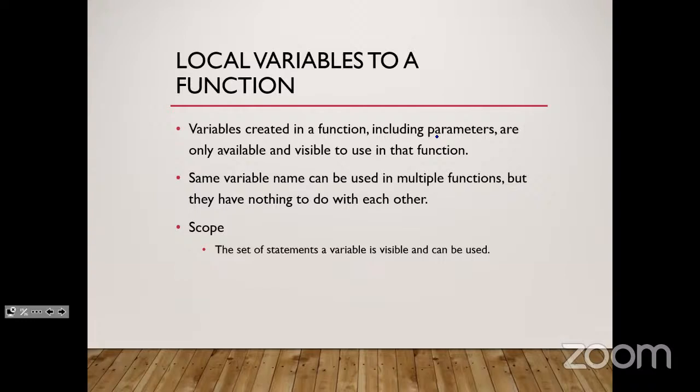So I caution you not to use the same variable names as your parameter names because it causes confusion. The program will absolutely let you do it because they're different scopes. So scope tells me what level or what range a variable has.